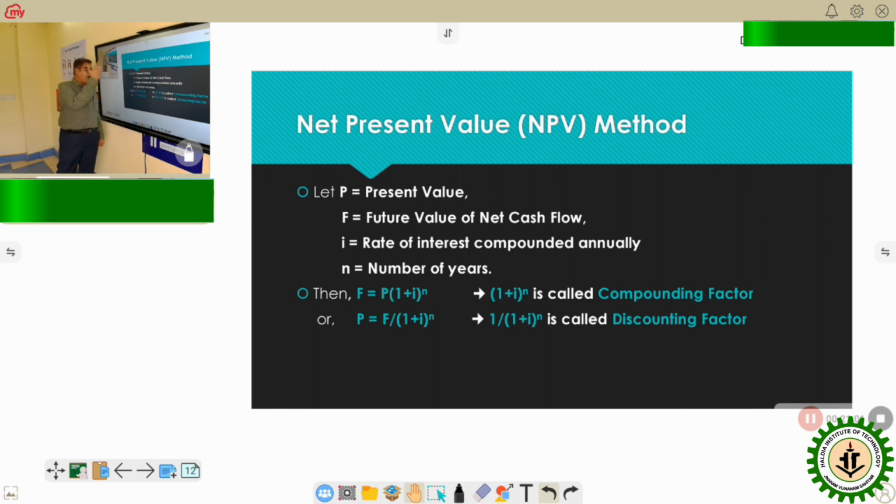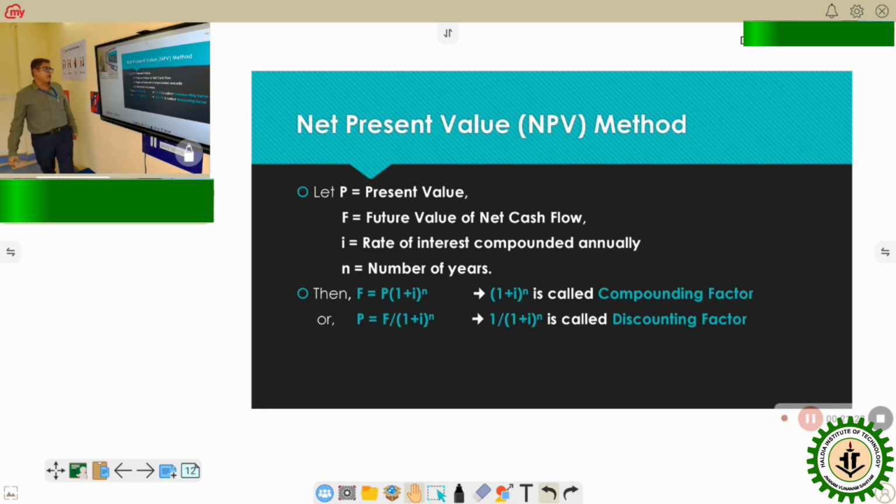But in our case, since the term is net present value, we are using present value analysis. That means we are making a back calculation of future cash flows which are discounted to the 0th year or the current year. We have to know what the future amount is and what the same amount is in today's date.